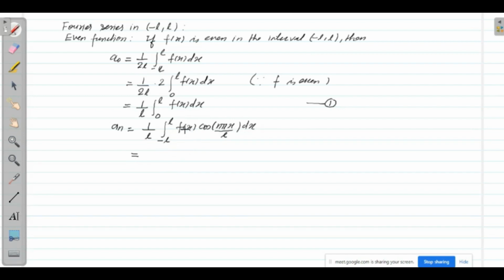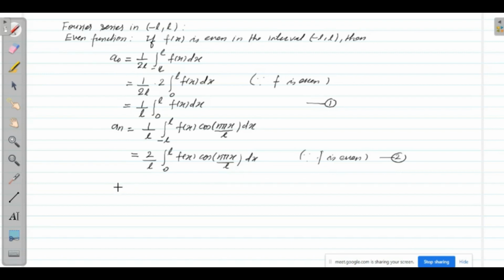F is even, cos is also an even function. So this can be written as 2 upon L integration of limit 0 to L f of x cos n pi x by L dx. Why is this so? Since f is even. Name this equation number 2. So this is the formula for your an: 2 by L integration of limit 0 to L f of x cos n pi x by L dx.